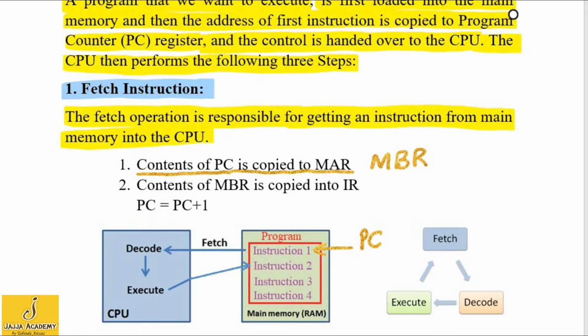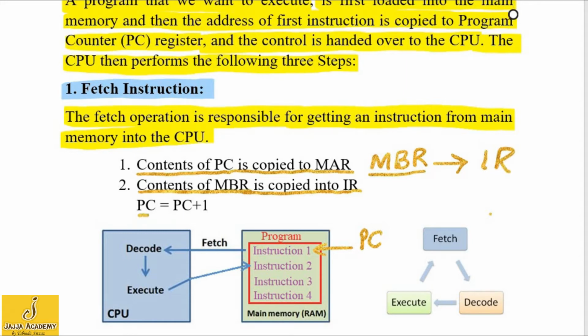In the second step of fetch instruction, the contents of the memory buffer register, which is the actual instruction that is to be performed, are copied into the IR register. IR stands for instruction register.